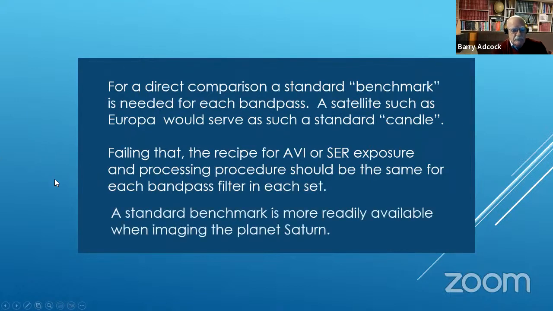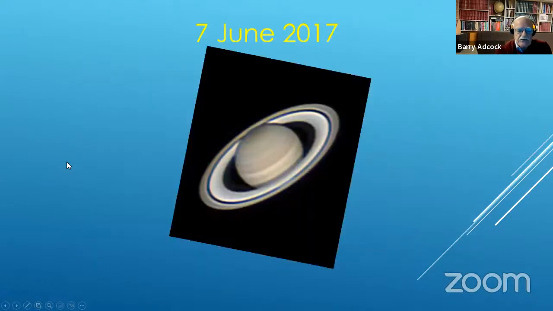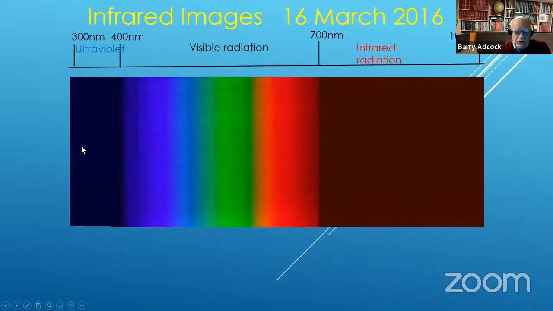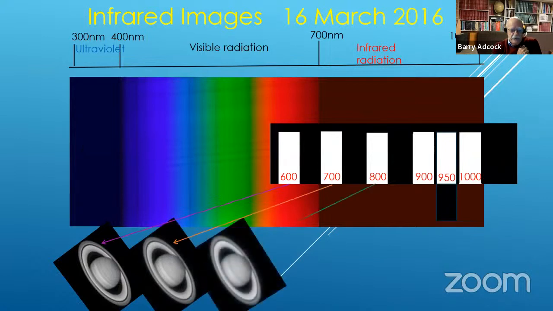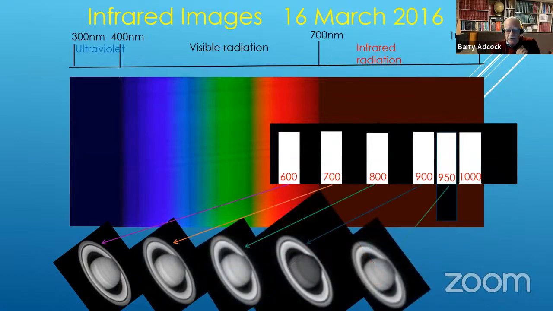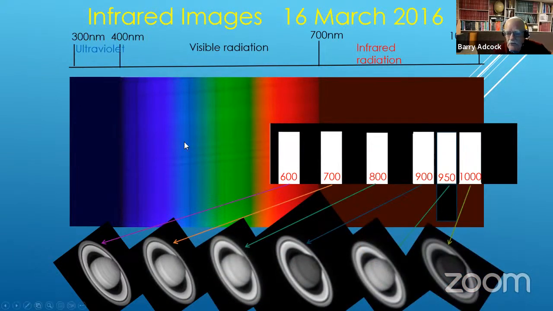The difference is, if we could divert a bit, if we could have a look at the planet Saturn in 2017, that shows that the difference between the bands is more outstanding. One can see that at 1 micrometer and 889 nanometers, 900 nanometers, the images are quite similar.